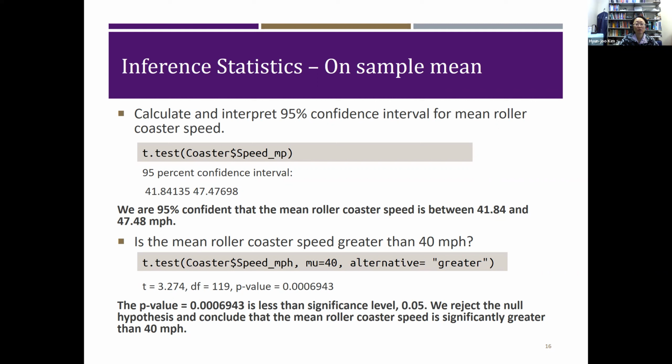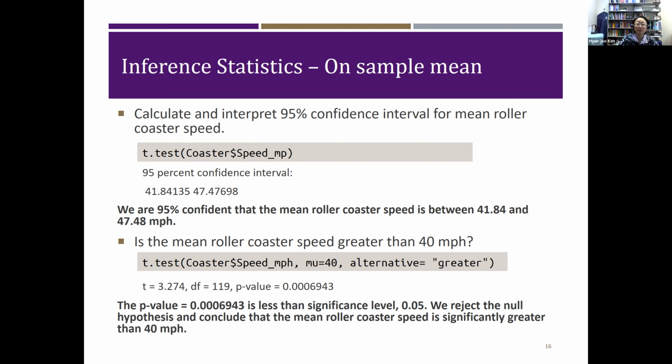What if we want to test if the mean roller coaster speed is greater than 40 mph? We can again use the t.test command. This time we can use the mu option to specify what you are comparing to, and the alternative option to specify if we want greater, less than, or not equal to for the alternative hypothesis.